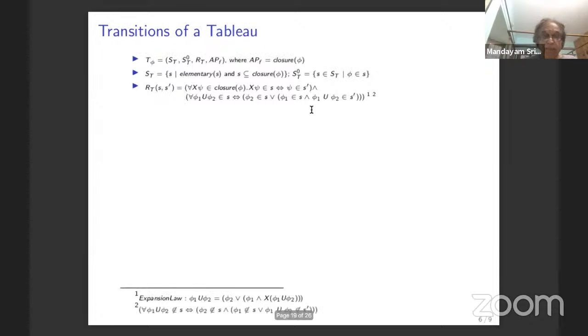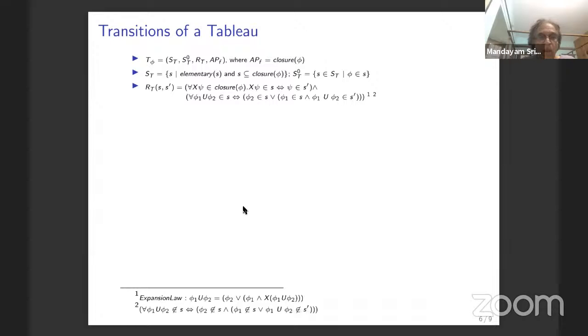Okay, and that's how this is defined. Is that clear? So this is exactly defined to preserve the until semantics as per the expansion law.